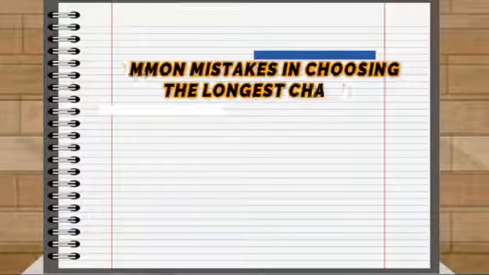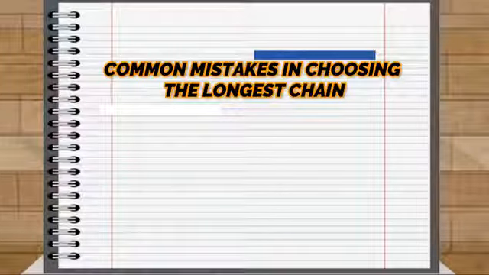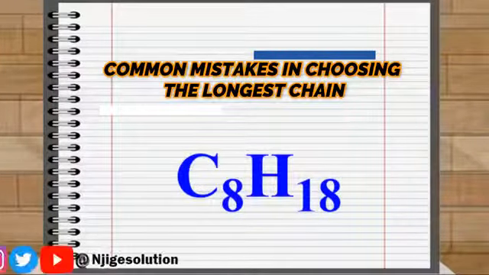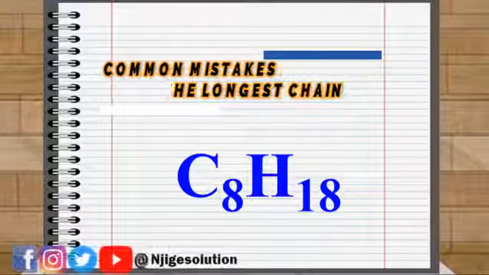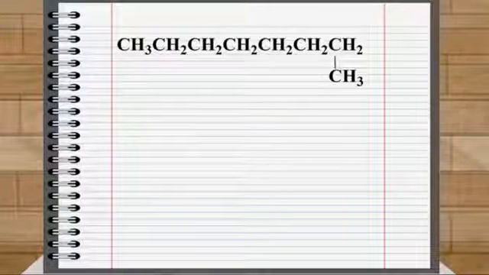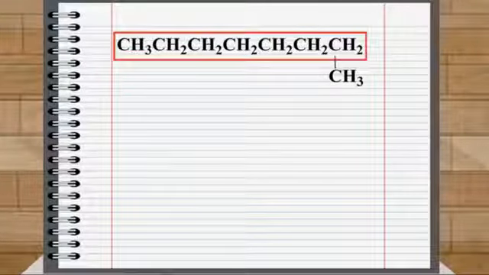Now let's first see the common mistake made by many students on choosing the longest chain. Consider this organic molecule which has 8 carbon atoms. Some students write the structural form of this compound as follows, which is not wrong. But then they fail to determine the longest chain.